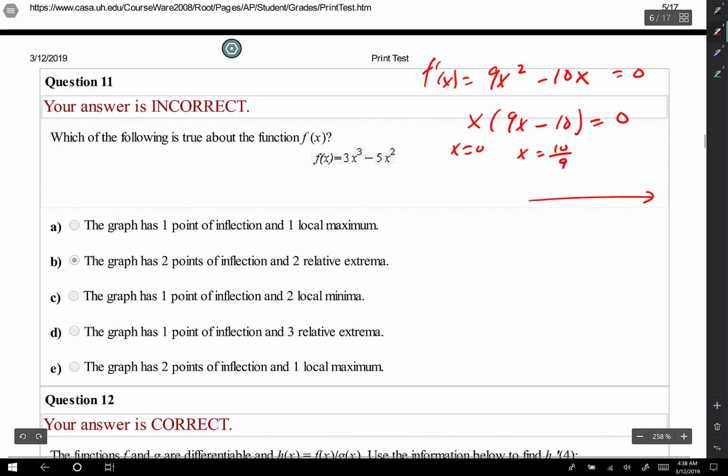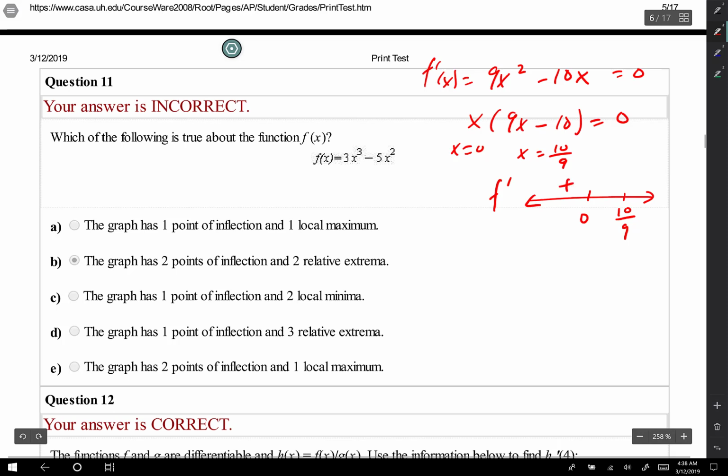So I'm going to do my little number line. I'm going to call that f prime. I'm going to put 0, and 10 over 9 is a number just slightly larger than 1, because 9 over 9 is 1. And I'm just going to put numbers in to see if I change signs here. If I put a negative 1, 9 times negative 1 is negative 9, negative 9 minus 10 is more negative. Negative times a negative is a positive.